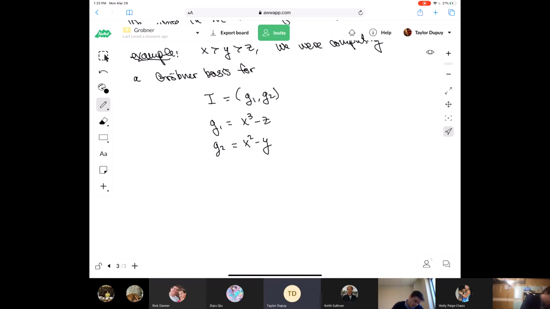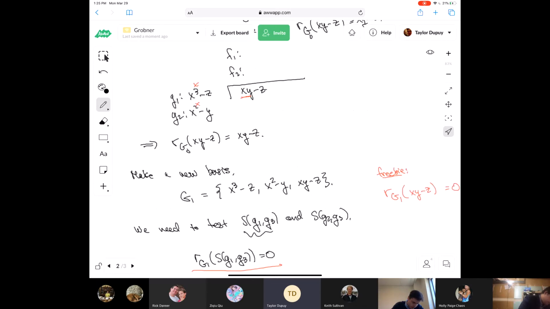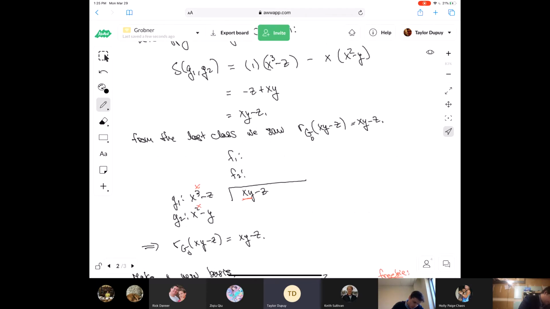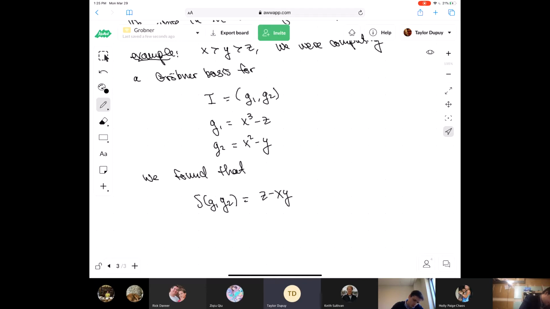And so we found that the syzygy of G1 and G2 was like z minus xy, I believe. Or xy minus z, right?